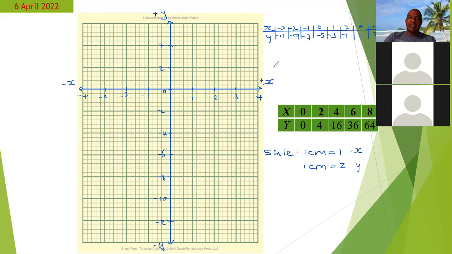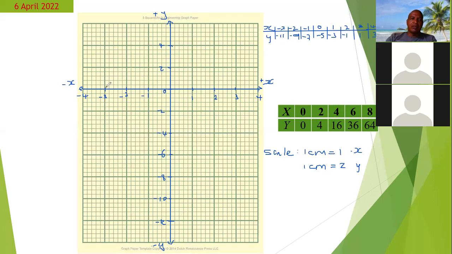Our next step now is to plot our graph by plotting the corresponding x and y values. We see that when x is -3, y is -11. So we go across on the x-axis to look for -3, and then we come all the way down to -11. Now notice that if we are counting down by 2 for each of these centimeter boxes, then halfway between the centimeter box you would have 1.